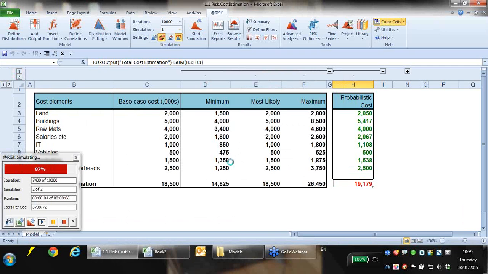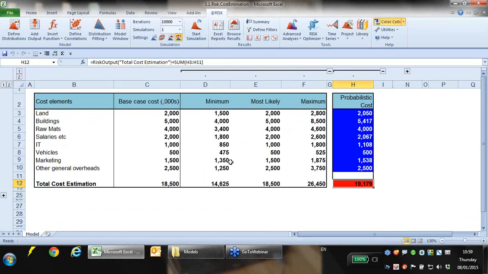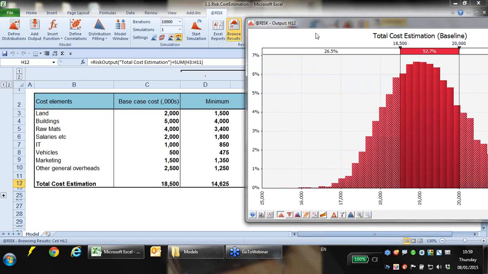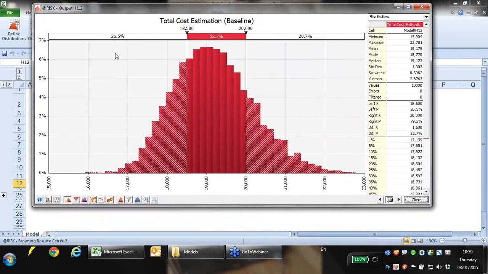So if you remember, the first one is the baseline scenario, which is where the cost of buildings was as I expected it to be. And if we look at the graph here, we've got a 26.5% chance of finishing this project within our budget.